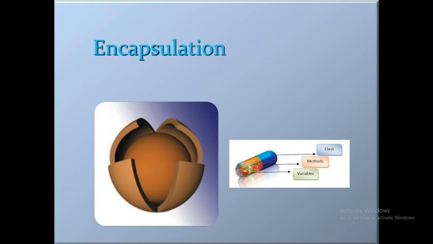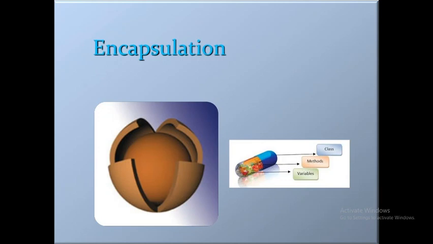So we are relating the encapsulation with the capsule. So what are we doing? When I'm talking about the capsule in terms of object oriented programming language, the outside covering which the capsule has, that outside covering we call a class. Whereas inside the class, if I'm talking about the capsule, inside the outside covering we have some medicine, some content.